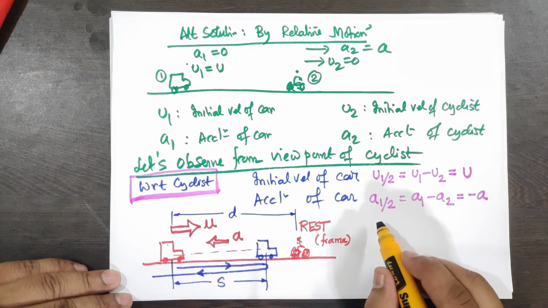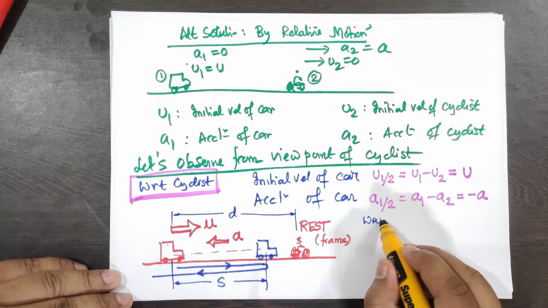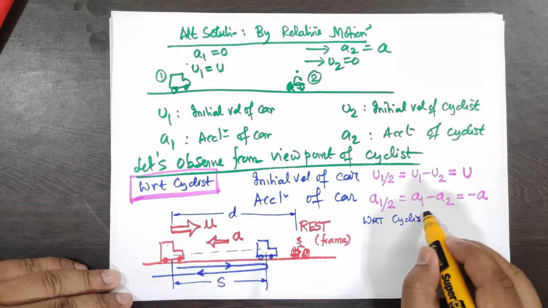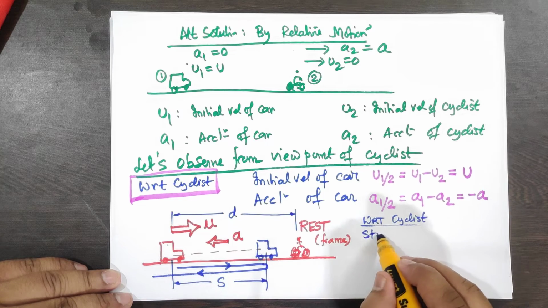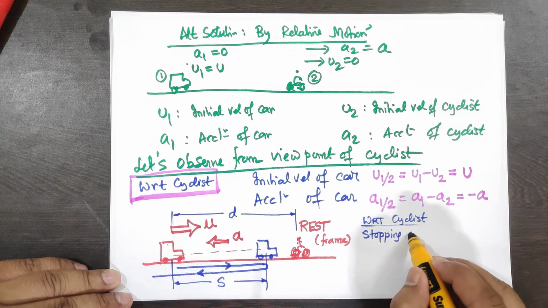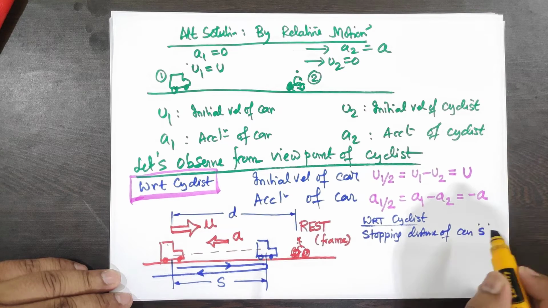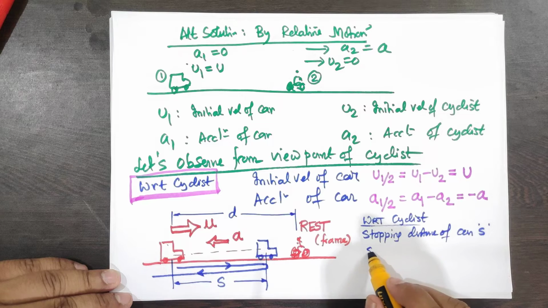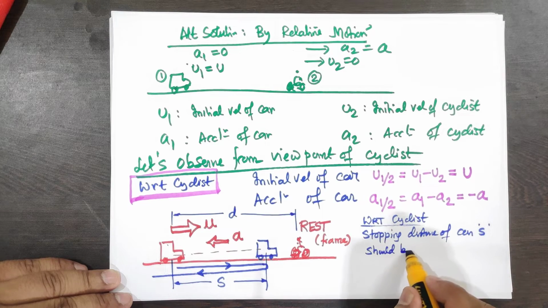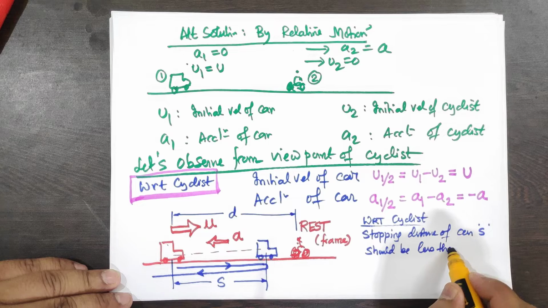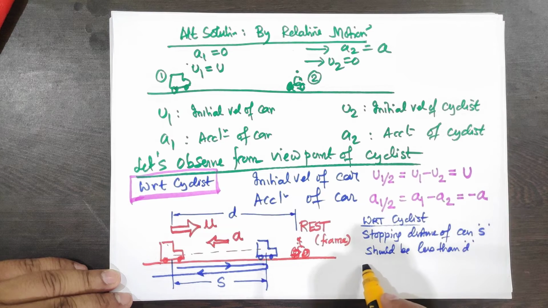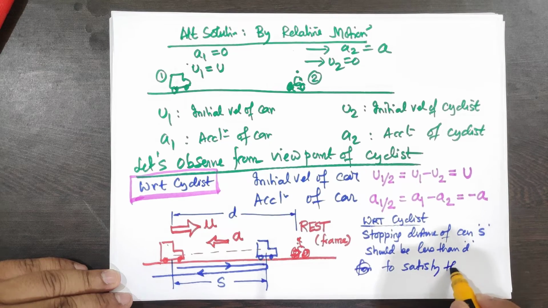So all with respect to the cyclist, the stopping distance of the car should be less than d to satisfy the given condition.